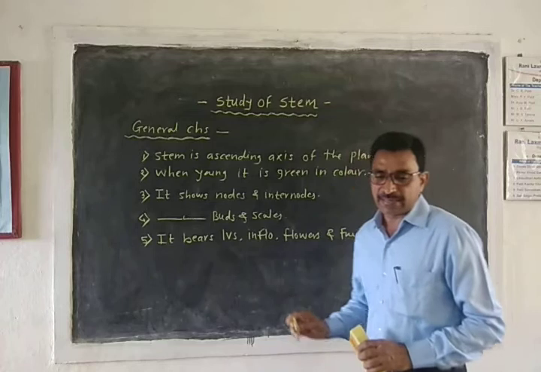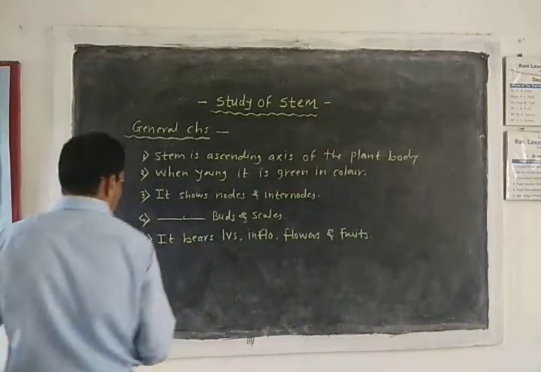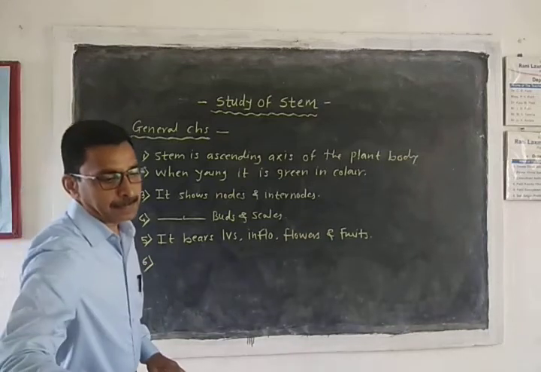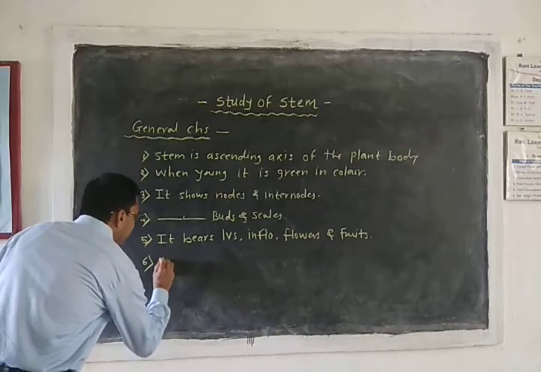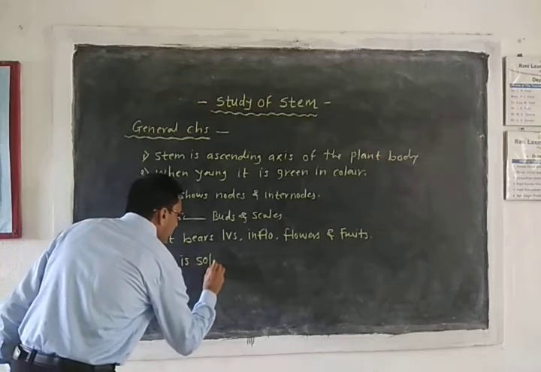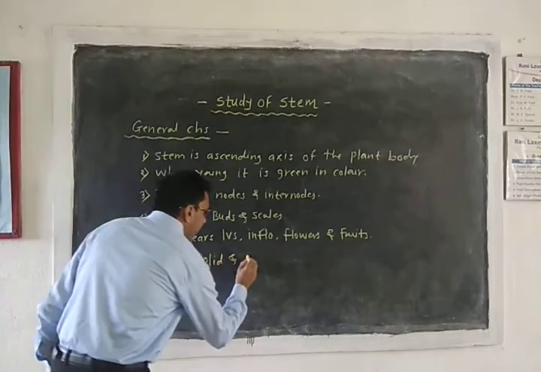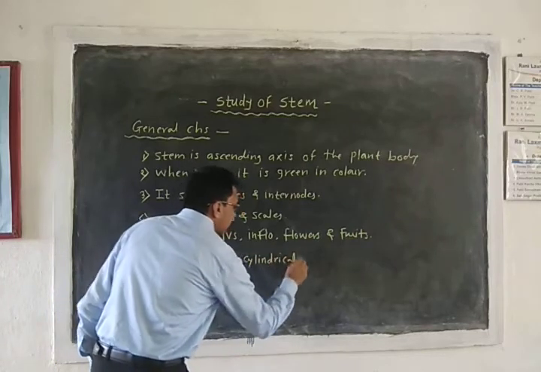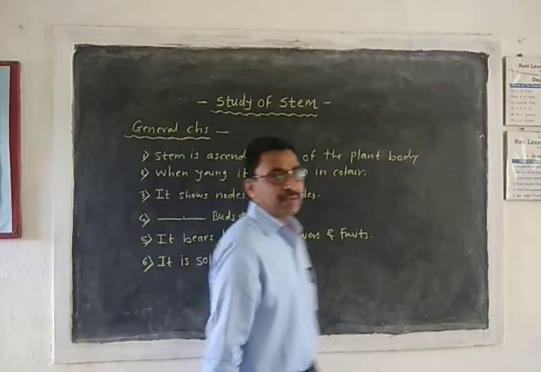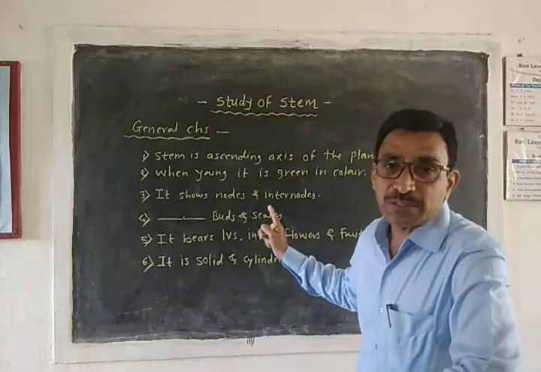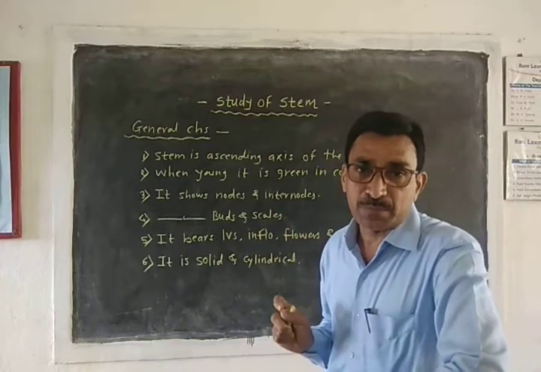Generally, stem is solid and cylindrical. We are going to summarize the general characters of stem.